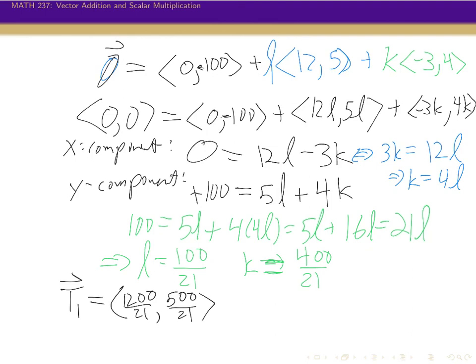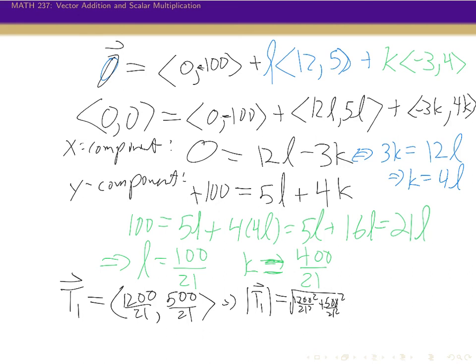And so the force is going to be the magnitude, which is the square root of 1200 squared over 21 squared plus 500 squared over 21 squared.